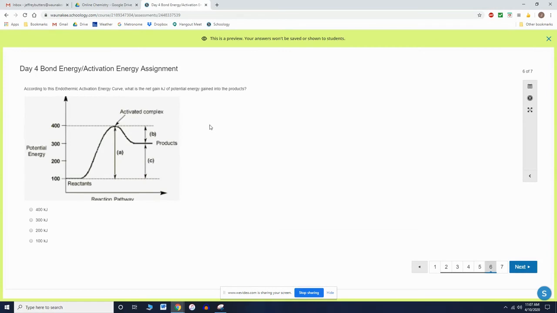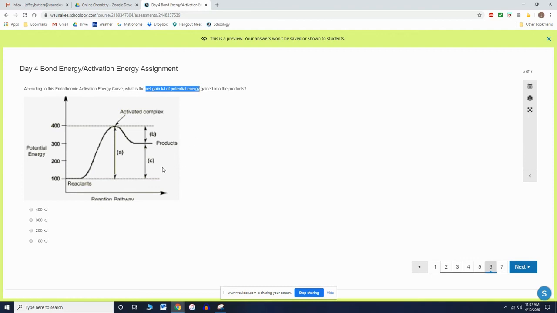The next question involves evaluating this reaction coordinate diagram for an endothermic reaction. We know this diagram is showing an endothermic reaction because there is a net gain of energy going from the reactants to the products. We are asked what that total net gain of energy is.